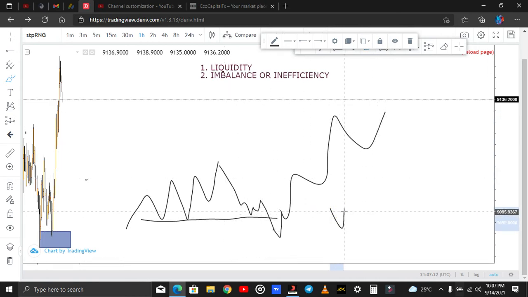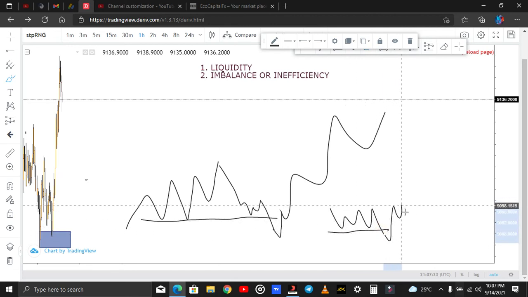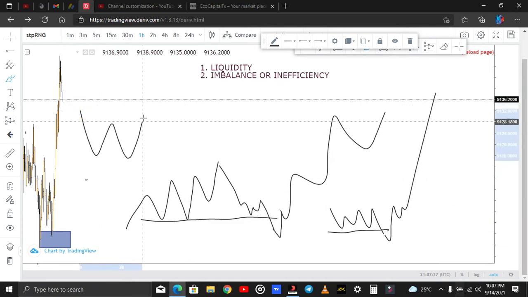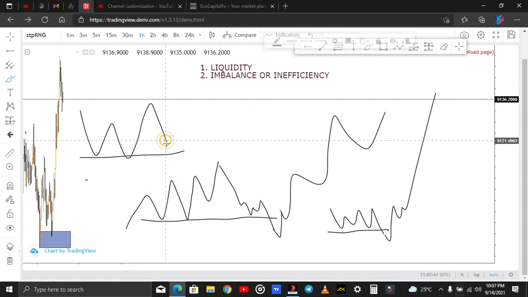Price engineers equal highs and equal lows, then later comes and takes the liquidity and continues going upwards. Or price can engineer equal highs and lows like this, comes, and might not even break it instantly.